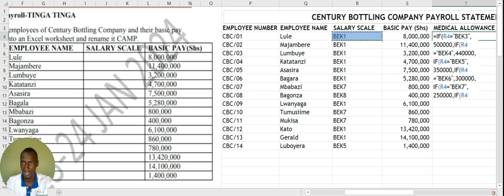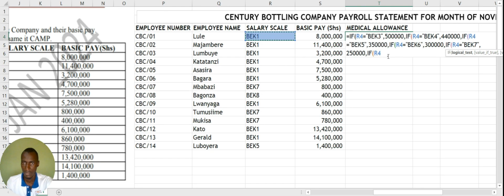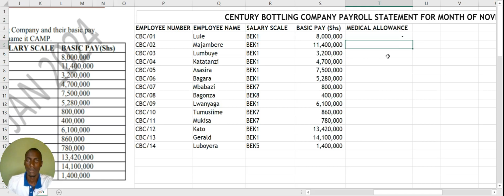If our salary scale equals BEK8, then we expect to see 200,000. If not, for any other salary scale, there is a 0, no medical allowance.